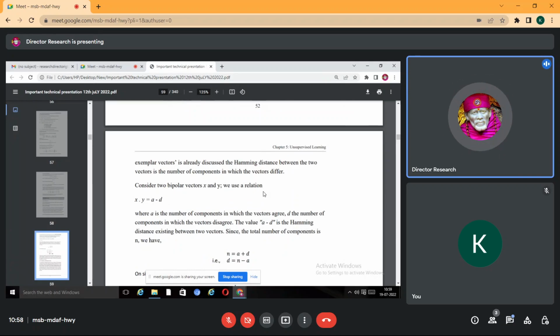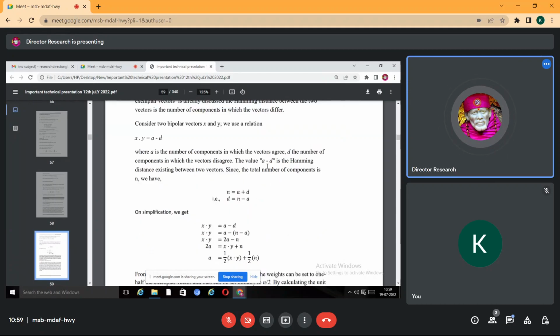As already discussed, the Hamming distance between two vectors is the number of components in which the vectors differ. Consider two bipolar vectors x and y. We use a relation x dot y is equal to a minus d, where a is the number of components in which the vectors agree, d is the number of components in which the vectors disagree.